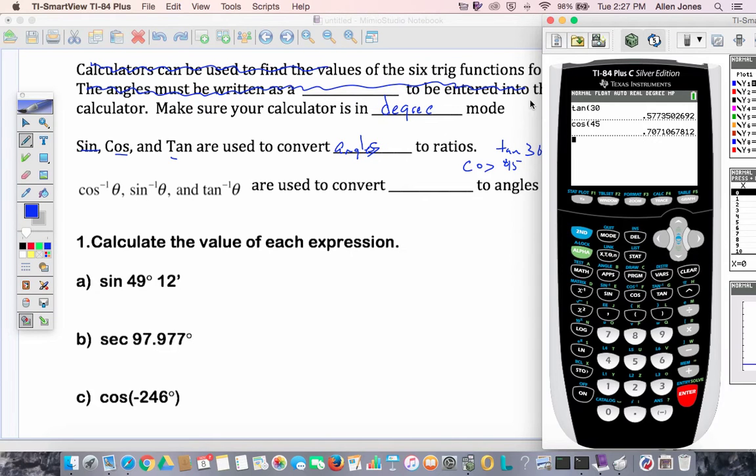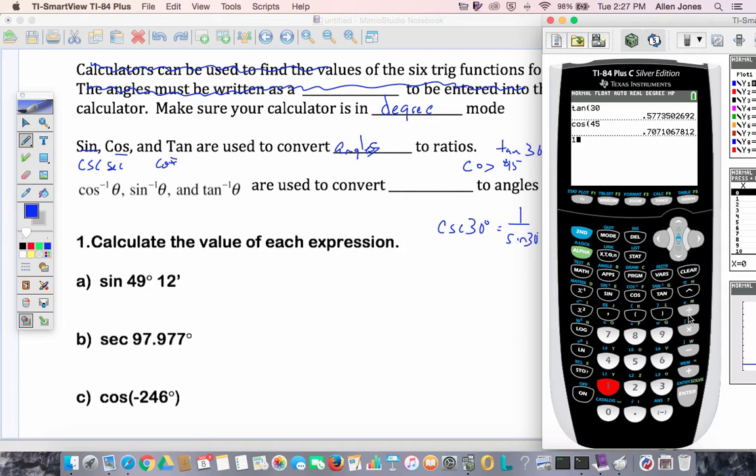As we learned back in chapter 1 a little bit, our reciprocal functions of cosecant, secant, and cotangent are not on our calculator. It's just sine, cosine, and tangent. So if we're going to find the cosecant of 30 degrees, we use our reciprocal identities and say that's 1 over the sine of 30 degrees.